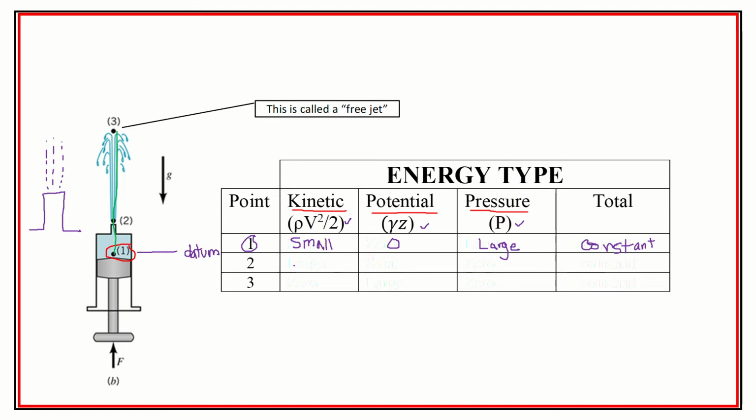Therefore, our kinetic is going to be a large force, or a large dynamic pressure. The potential is going to be a little bit larger because we're up a little bit higher right here. So we'll call it small. It isn't 0 as it was at point 1, but it is small.